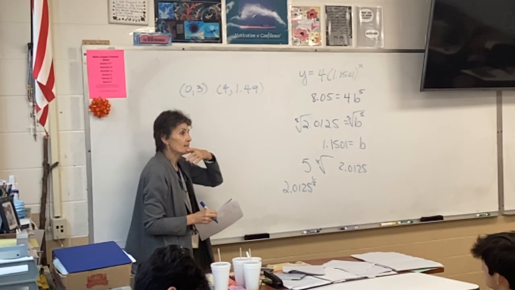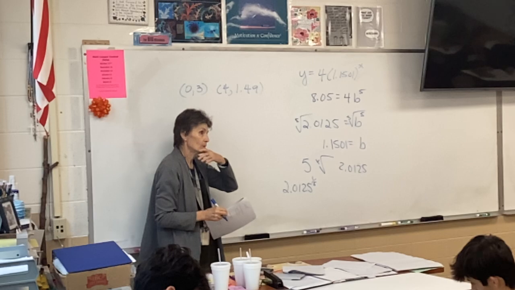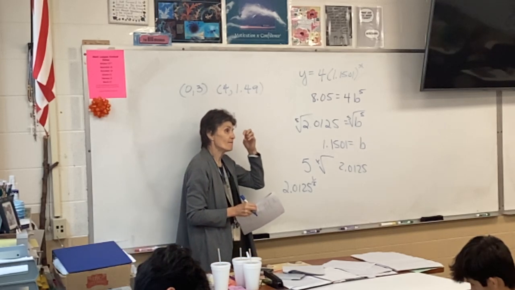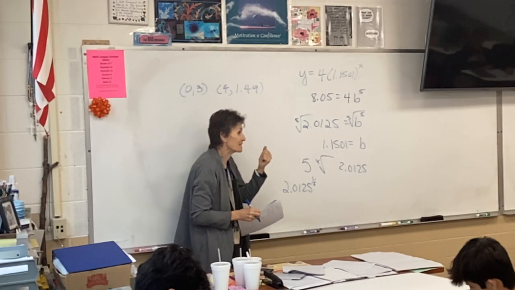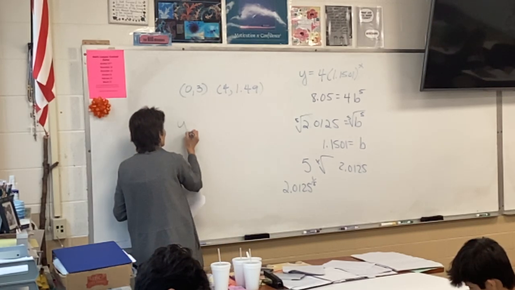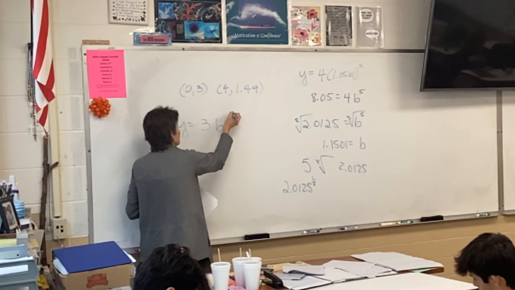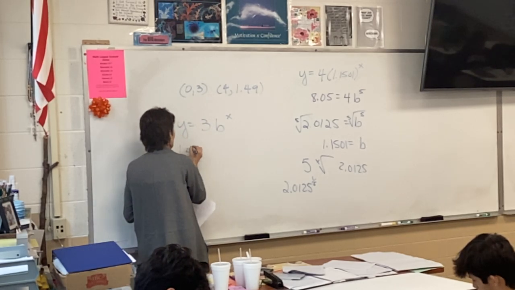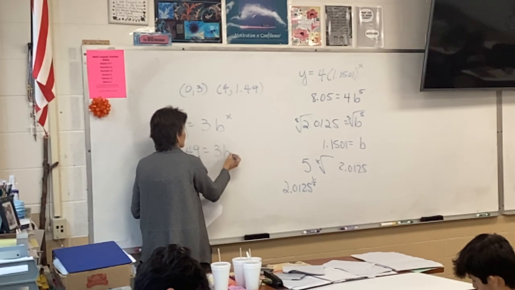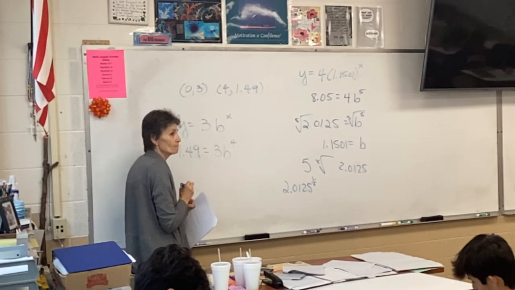Remember, A is the initial value. So it is the value at the beginning of the problem when x is 0. So we have y equals 3 e to the x. So 1.49 equals 3 e to the 4th.